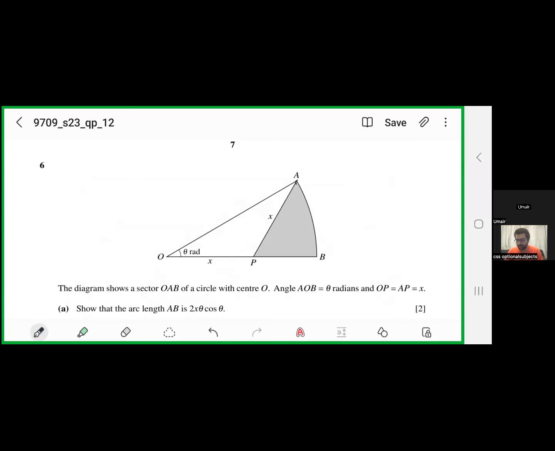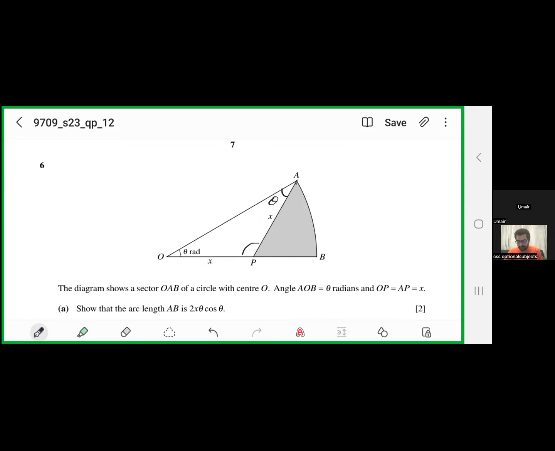So we have to find the length of the arc AB. First of all, let us find the radius of this sector OA, and we can find that using law of cosine or law of sine. If this angle is theta, then this is also theta, because this side and this side are the same in length. So angles opposite to the same sides are the same.